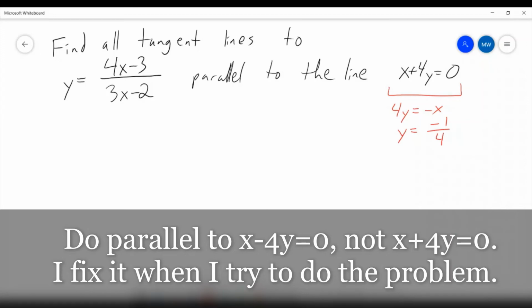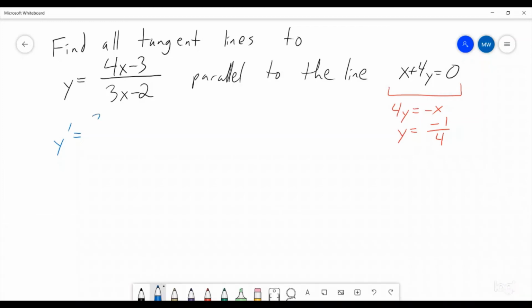So let's go and see, first off, is there anything that's going to make that work? So when we take the derivative, we're going to use the quotient rule, so low d high, 3x minus 2 times 4, minus high d low, 4x minus 3 times 3, all over the bottom squared, 3x minus 2 squared.